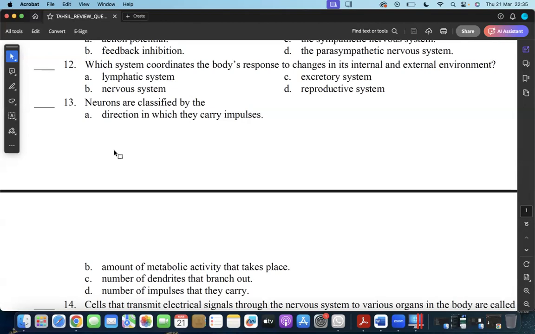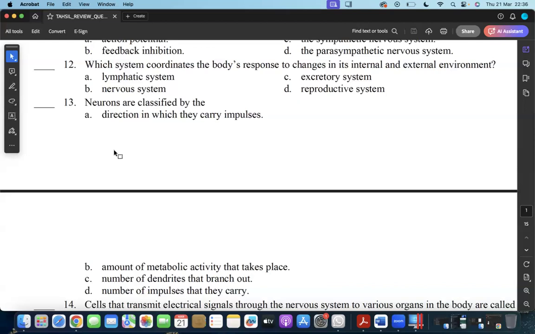So this is a very tricky question. One says lymphatic system. I think I already told you what the lymphatic system does, it is not actually responsible for this. The excretory system is a system that helps to get rid of waste materials from the body. The reproductive system helps the organism to produce offspring.